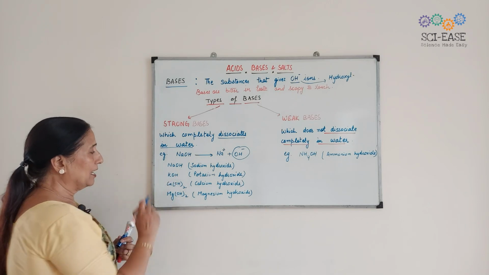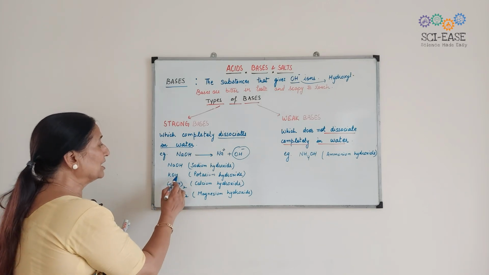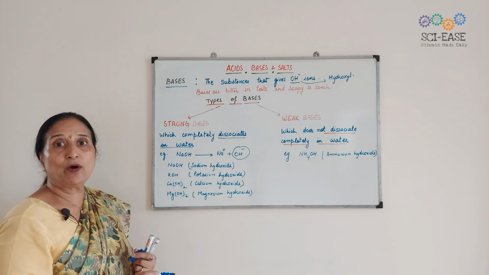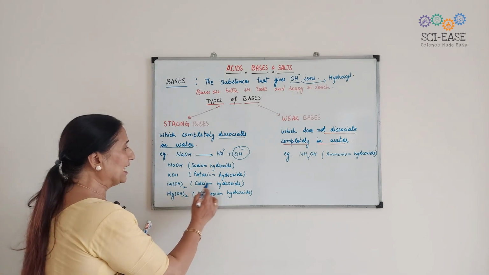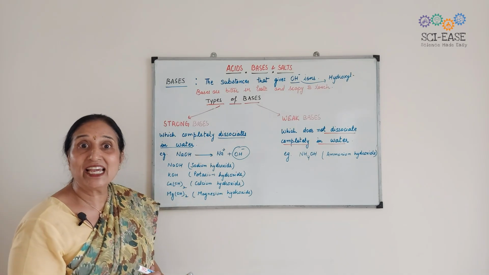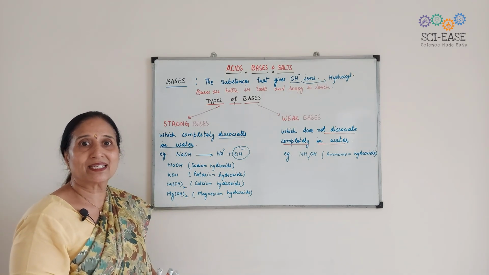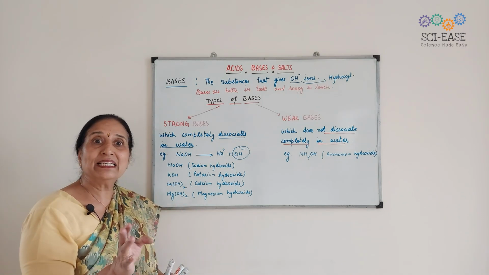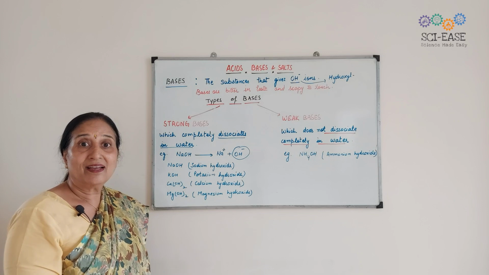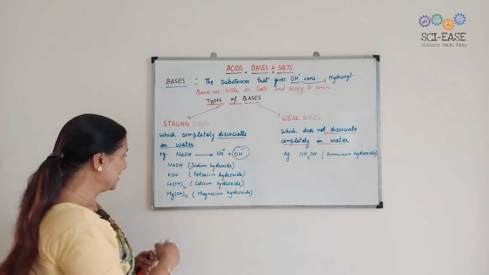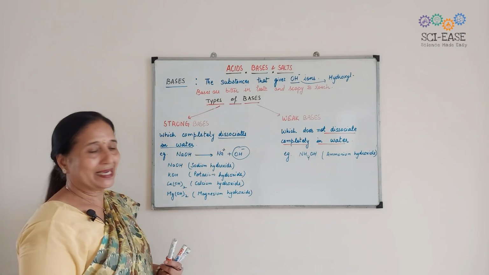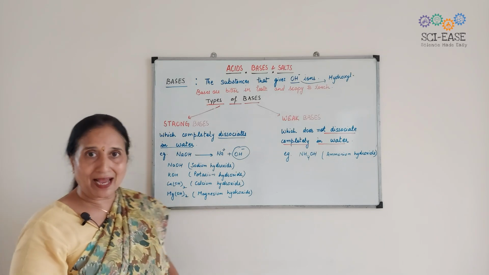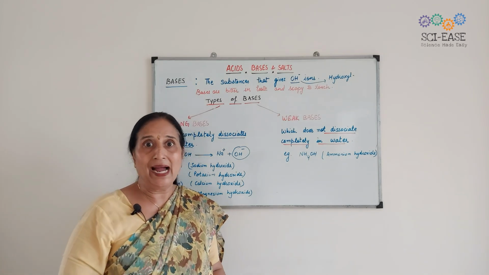Sodium hydroxide, I have told you. Potassium hydroxide, formula is KOH. Calcium hydroxide, that is Ca(OH) whole twice. You must know how to form the formula. Then there is barium hydroxide, magnesium hydroxide, Mg(OH) whole twice. So I have written some of the examples. Many more you can add.